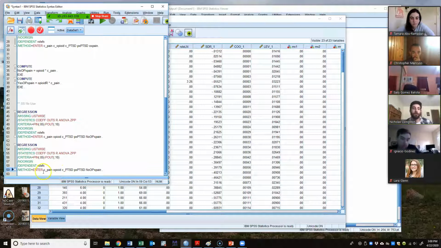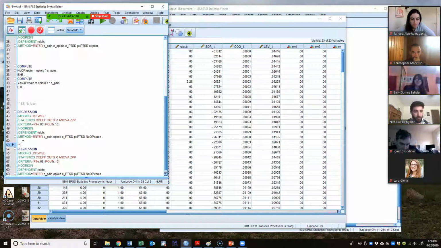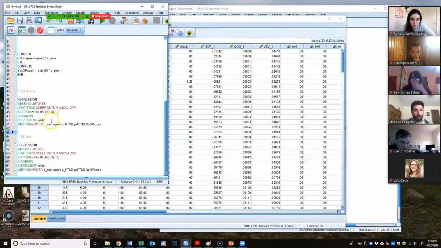Help me out. Is pain fine? Is it fine? Yep, and we want this to be simple slope use. Okay. So for this, is pain fine in this equation? Yeah, pain is fine. What about opiate use? No, you don't want the... or wait, yeah, no, it's fine.